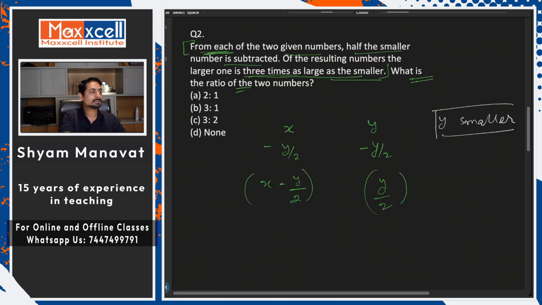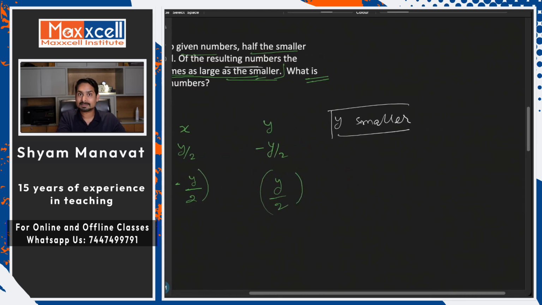Now, as per the question, the larger number is 3 times the smaller. Here, "is" means equal. You remember when we discussed the BODMAS rule and how to form the equation from words, I told you the helping word is nothing but the equal sign.